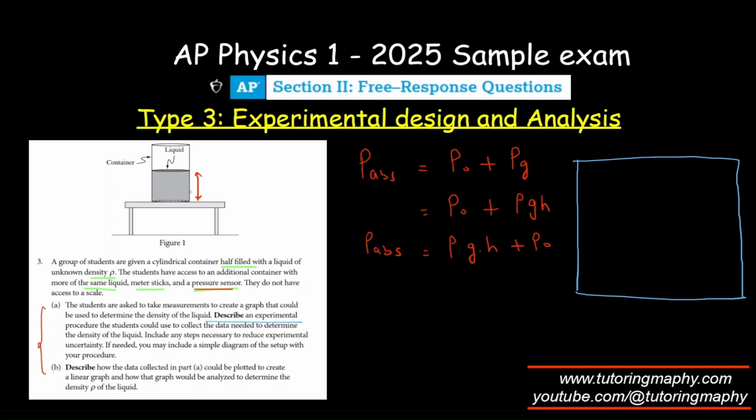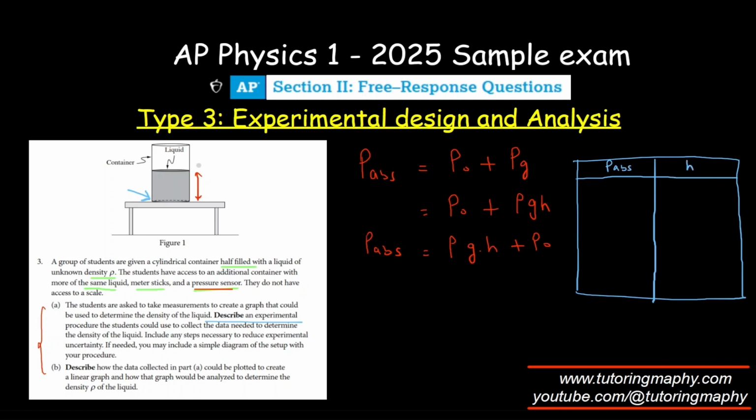First, I'm going to measure the height of the liquid, which is half filled right now, using a meter stick. And I'm going to measure the pressure at the bottom using the pressure sensor. I'm going to note it down in this table. In this table, I have the P absolute, which is what I'm going to measure, and I'm going to measure the height as well. So P absolute and height come in this table.